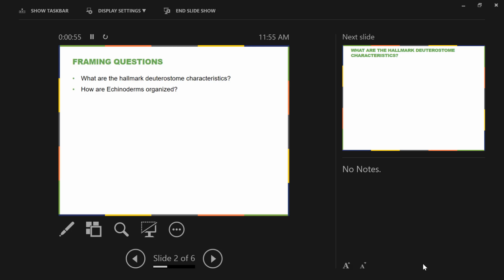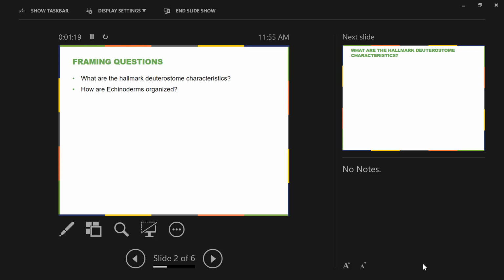First one, what are the hallmark deuterostome characteristics? Remember, deuterostomes and protostomes were separated long before genetic data were used to help hone in on animal phylogeny. They had already been separated for a long time, and the question is why? What are the characteristics that were used to group deuterostomes together?